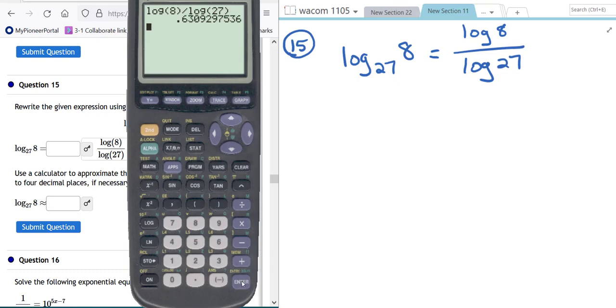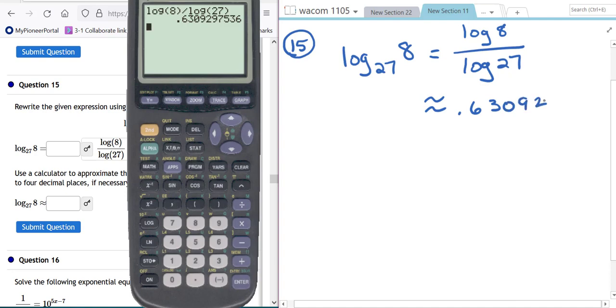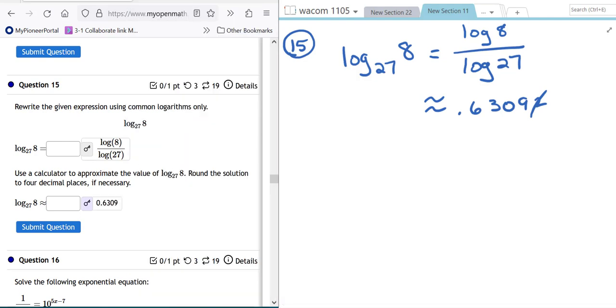It's base 10. And so now this is approximate 0.63092. And if they said 4 places, we'll drop the 2 off. So this is an easy thing to do, and that is probably a 3-point question on there.